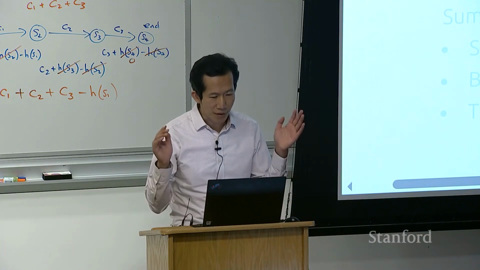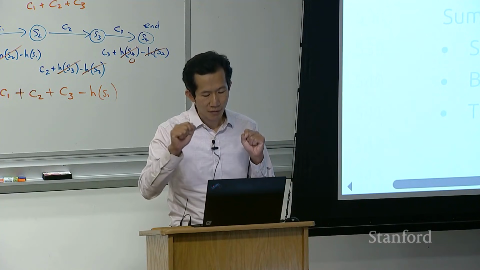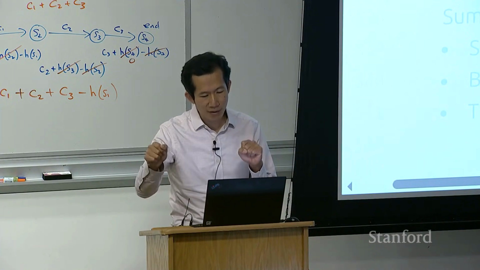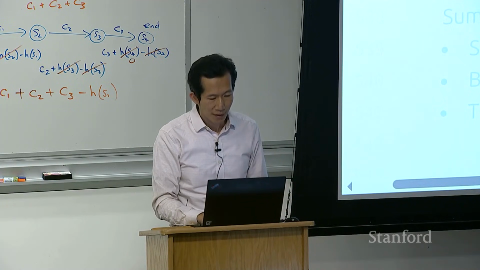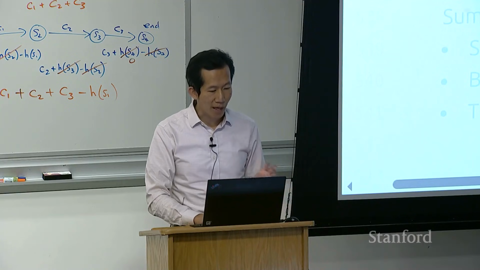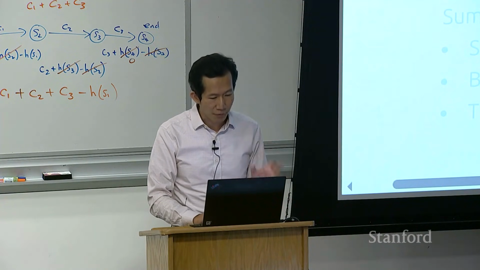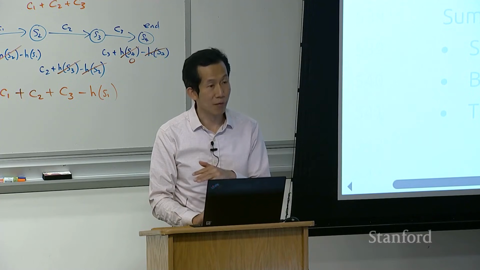So the idea is that you define a reversed version of your relaxed problem. If there's an edge from A to B, then you add an edge from B to A in the reverse problem. The idea behind reversing the problem is that the past costs in the reverse problem are the same as the future costs in the not reversed problem.